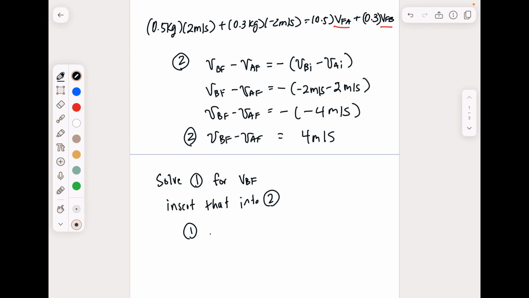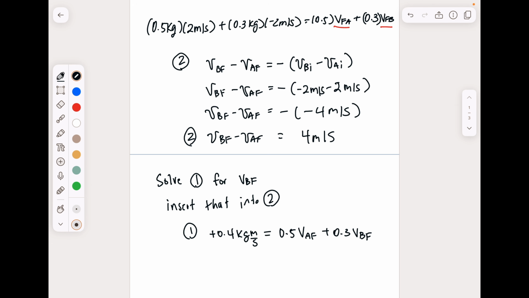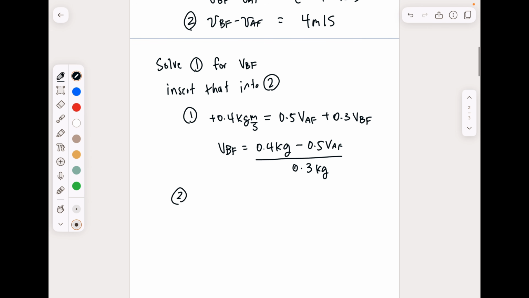It's going to be 1 minus 0.6, so plus 0.4 VAF. Okay, so let's solve for VBF. And then we will insert that into equation 2.